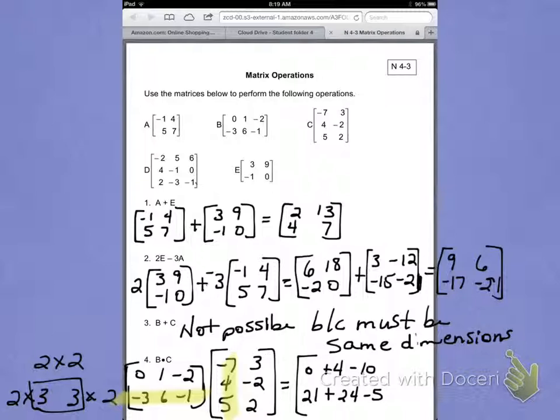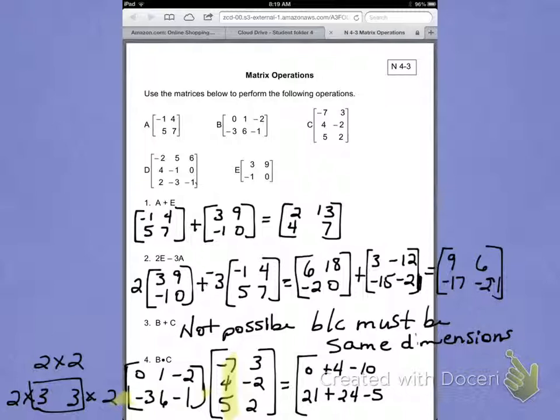Okay, so let's see if I can... Well, I thought I was able to erase those last time without erasing everything. Okay.